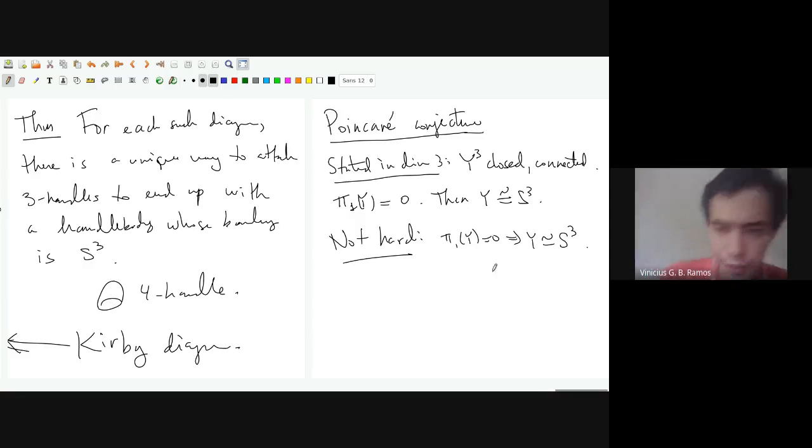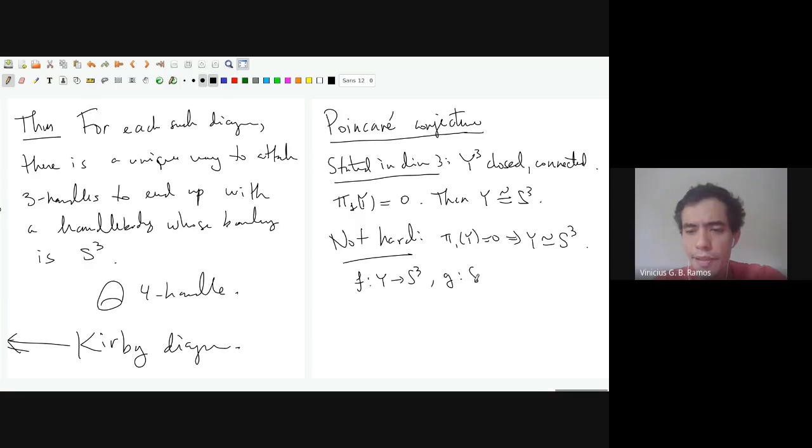So homotopy equivalent means that there exists a map from Y to S3, and there exists a map from S3 to Y such that the composition of these maps are homotopic to the identity. That's what it means to be homotopy equivalent.